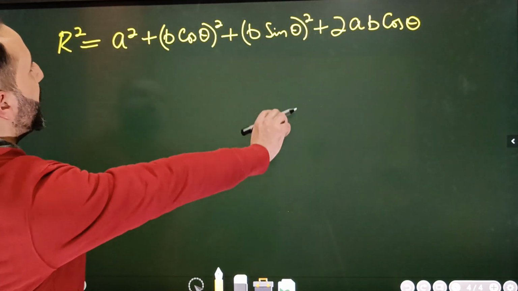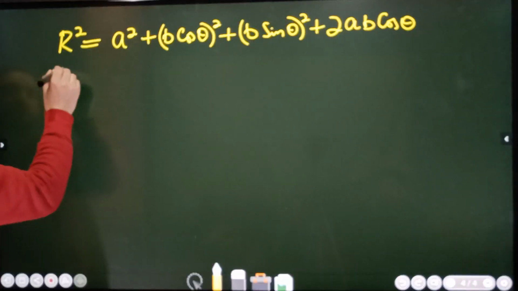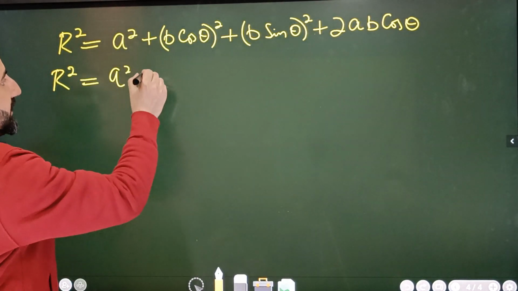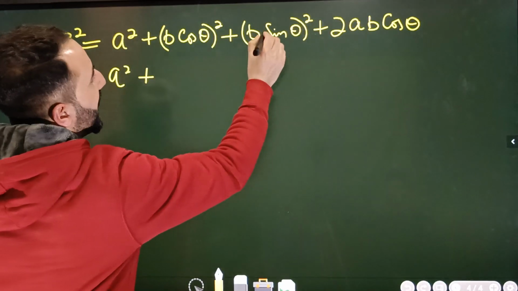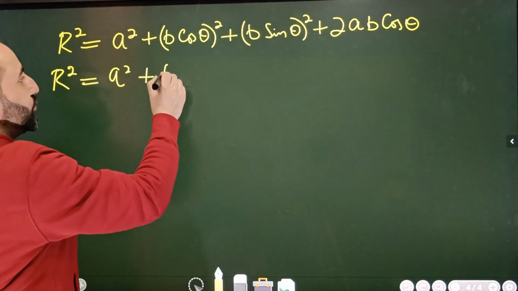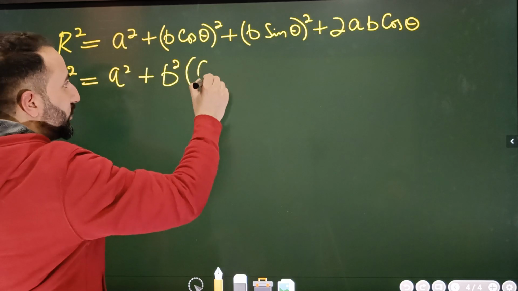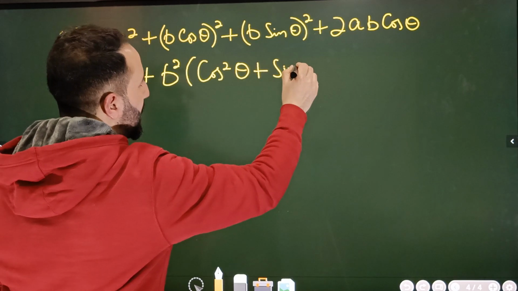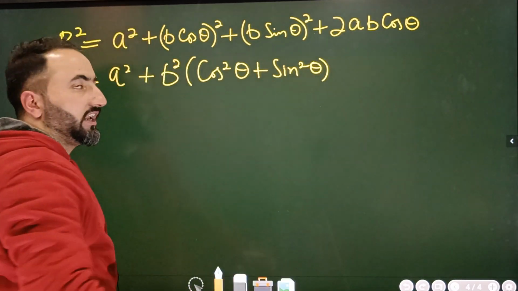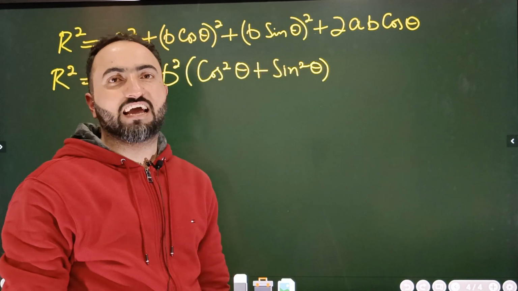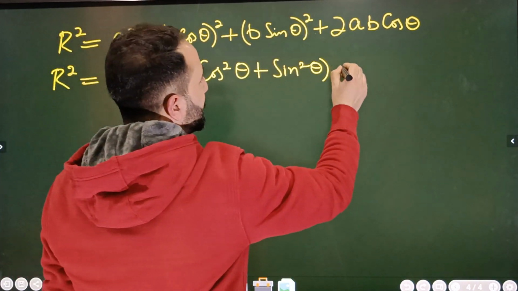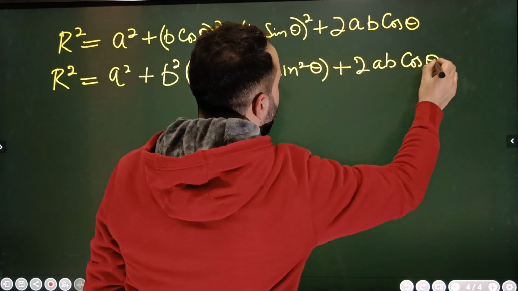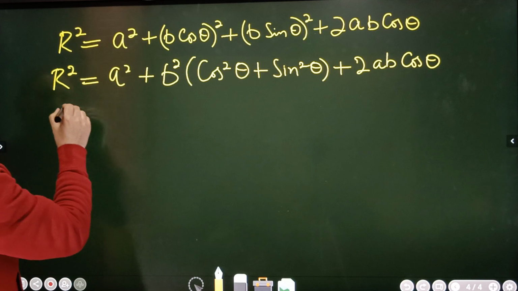Concentrate here, so this is the final step, we are going to kill it. This is R square, and here A square. Here we get B square cos square theta and B square sin square theta. So I can take B square common: cos square theta plus sin square theta. You studied in class 10th mathematics that cos square theta plus sin square theta is equal to 1.